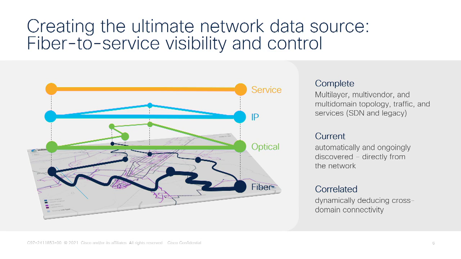It's just a key capability. So what this ends up providing service providers is a service-to-fiber view of the entire network, a complete network-derived way to understand the entire network and its interdependencies. So what does this typically look like, and how does the HCO fit into the software ecosystem?